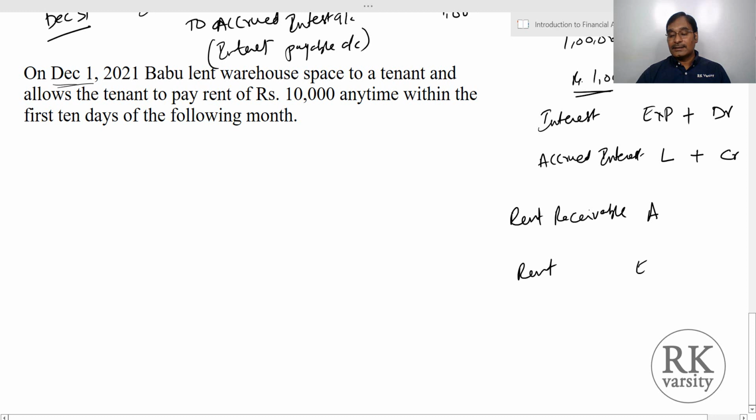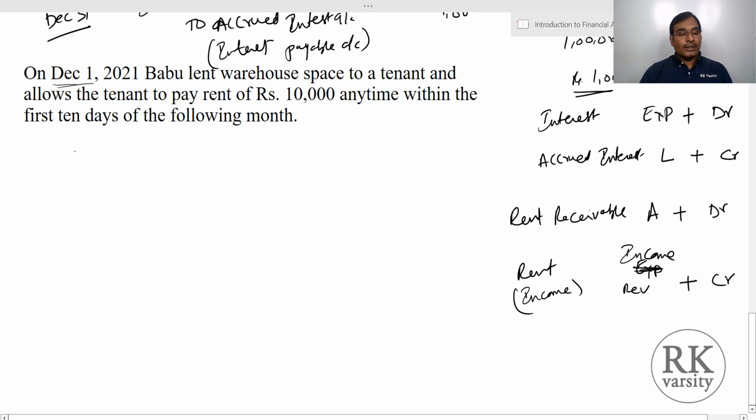Here there is an increase in your asset, and rent is income you are receiving, or we can say revenue, so there is an increase in revenue. So rent receivable, asset, increase, debit; rent, that is income, your revenue, increase, and this is a credit.